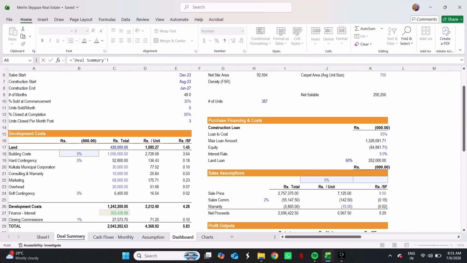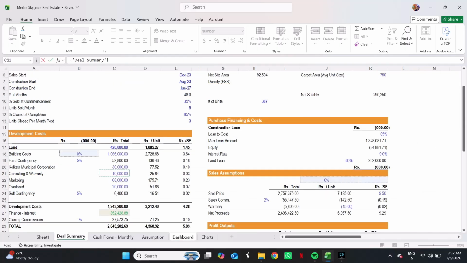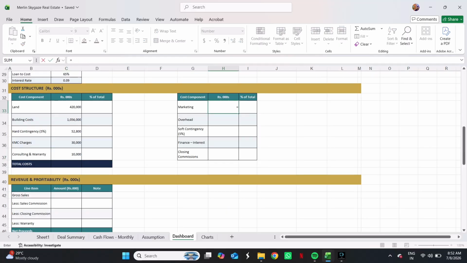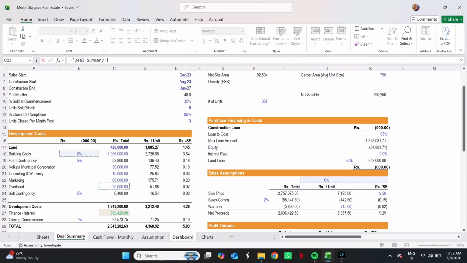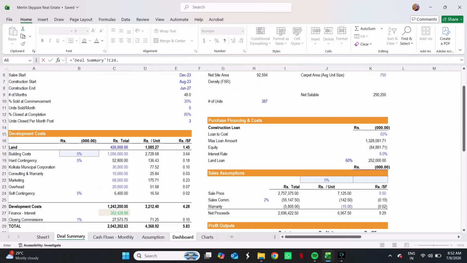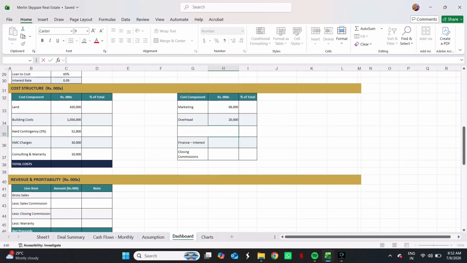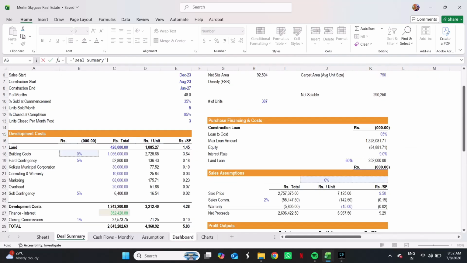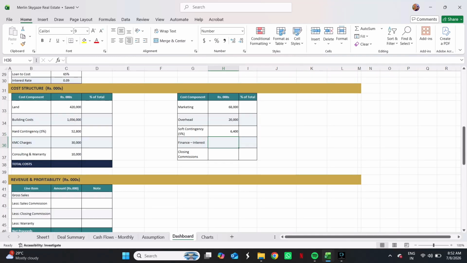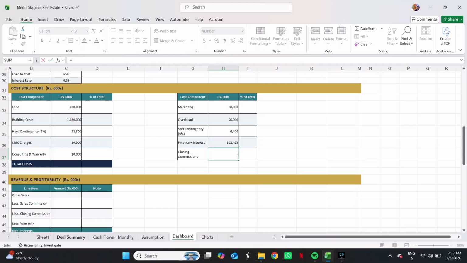Then KMC charges, then consultancy and warranty, then marketing, then overhead, then soft contingency. After that, interest. Then last, closing commission.